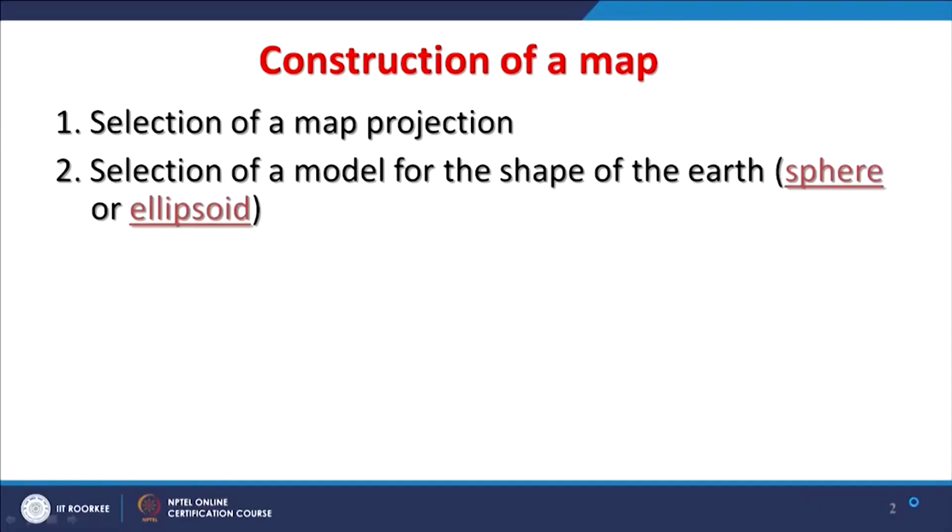So it's a very challenging thing, but equally important for measurements also. Whenever we do measurements like length, perimeter or area, we have to be very careful about the map projections. So the right selection of map projection is very important. Each country will have its own, and we will also discuss what about India. Then the selection of a model for the shape of the earth, that is the sphere or an ellipsoid, is also equally important for a map projection.